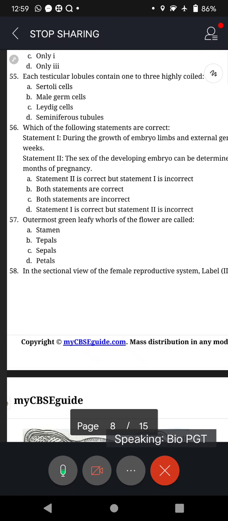Remember, Prasad? So group of sepals are called? Come on, Prasad. Rakesh. Group of sepals. What do you call? Outermost green leafy whorls of the flower are sepals. Answer C. But I am asking you, what is the technical word that you use for group of sepals?